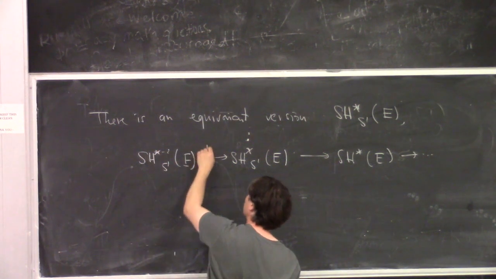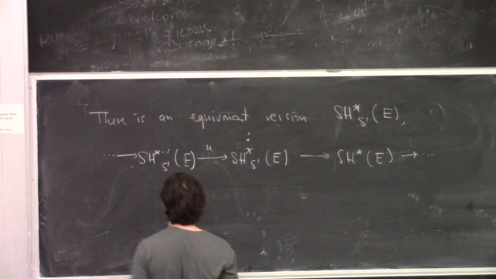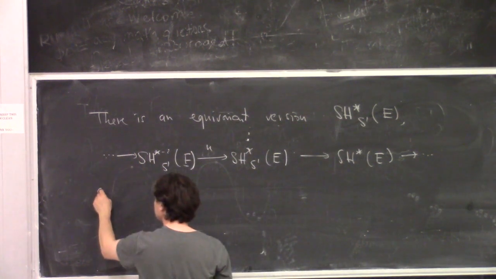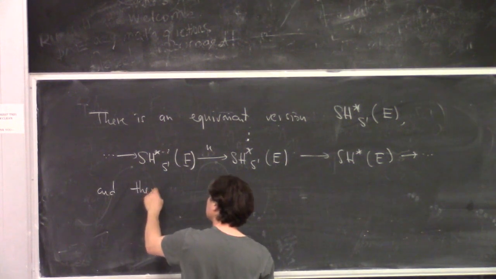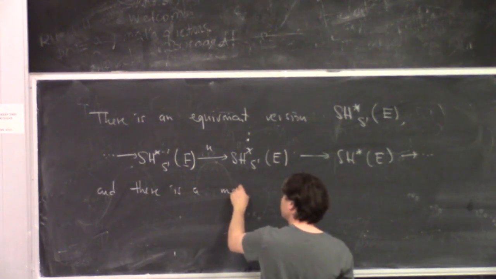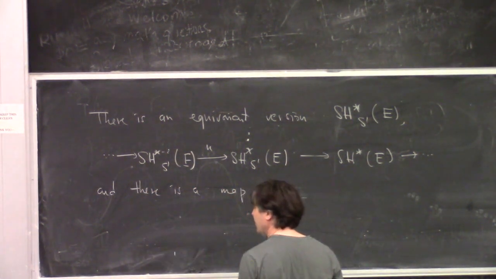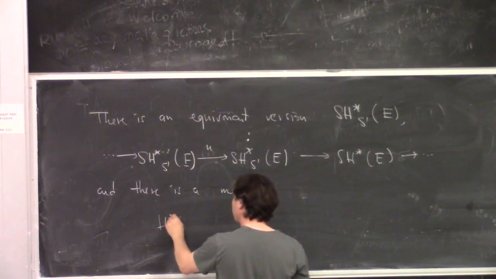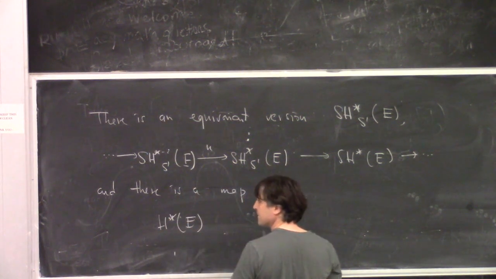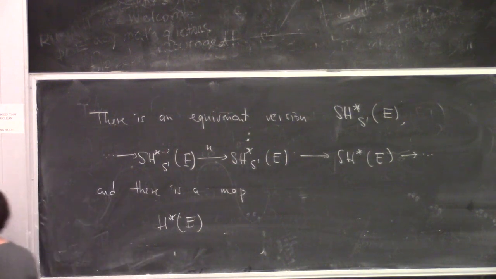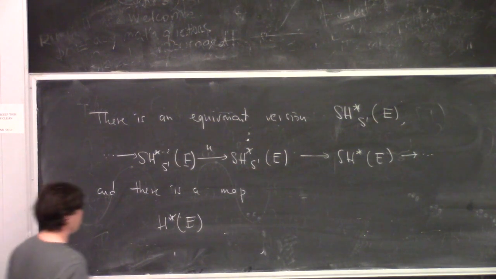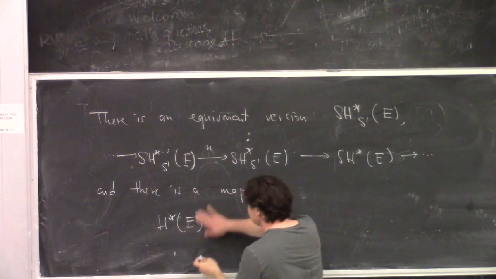Again, this has this formal variable u of degree 2. And there is that map. So this map here that you have, it actually lifts. This one here is called acceleration. And this map lifts here.